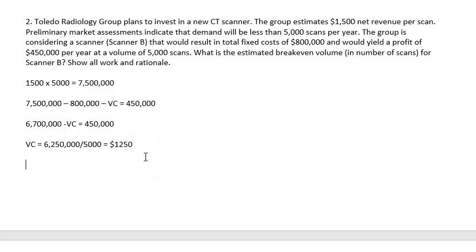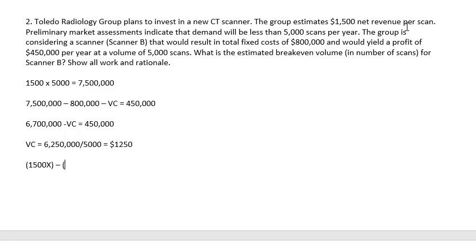So let's set up our formula. Now this part here is going to be the total revenue area. We know we're charging $1,500 net revenue per scan, so I'm going to put that in here, but it's going to be multiplied times a number of scans. I don't know what that is. We'll call it X. And I'll put parentheses on there to make it look correct algebraically. Now we're going to subtract the variable cost.